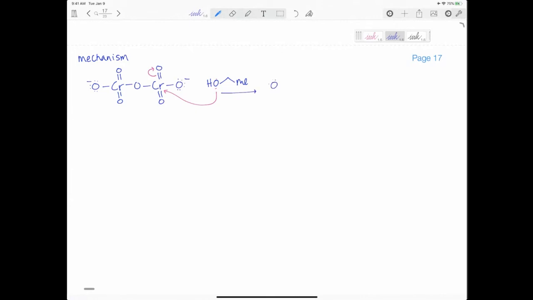I'm going to go really slowly on this, so if you're ahead, just bear with me, because I want to make sure you understand what's happening. The one that got kicked off becomes negatively charged.